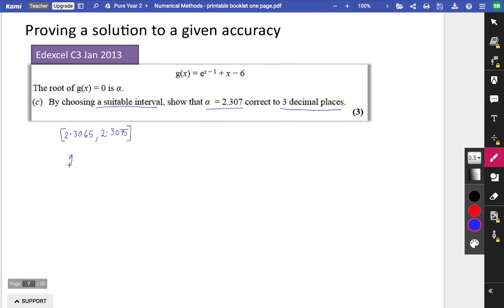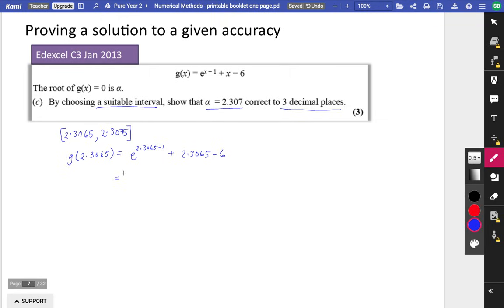So let's actually do this. Let's see what happens when we substitute these in. I'm going to put 2.3065 into the function, which is e to the 2.3065 minus 1 plus 2.3065 minus 6. Okay, next time I won't write out the full substitution, but just for the first time here.